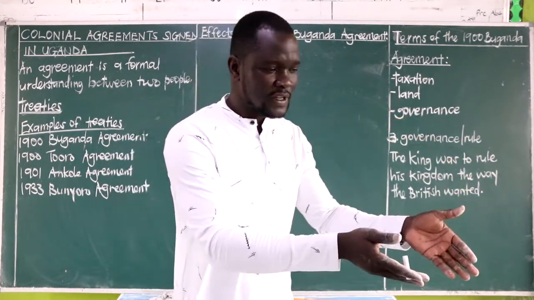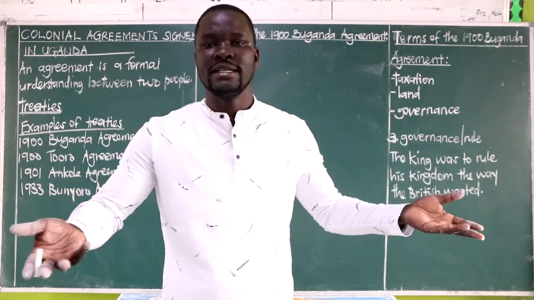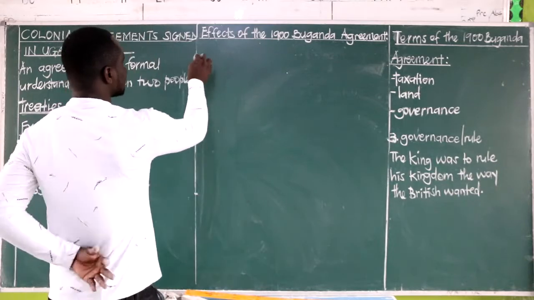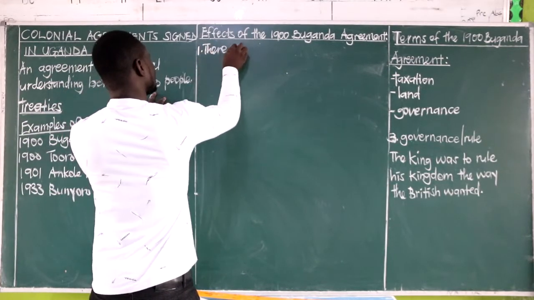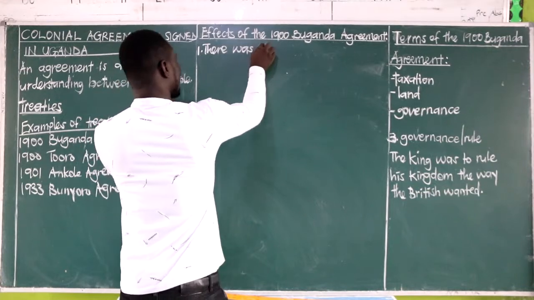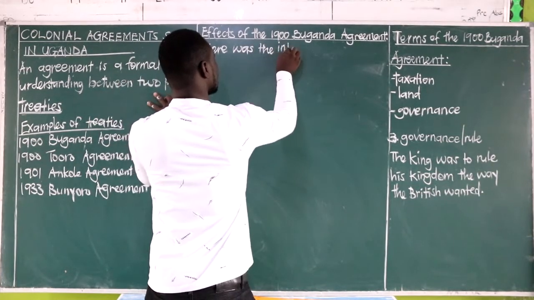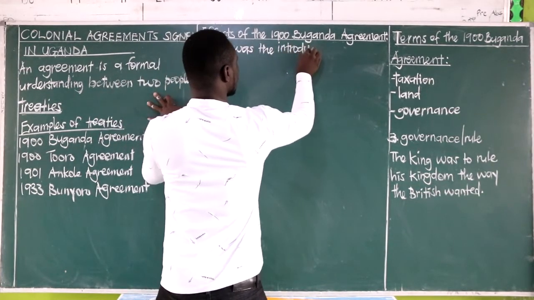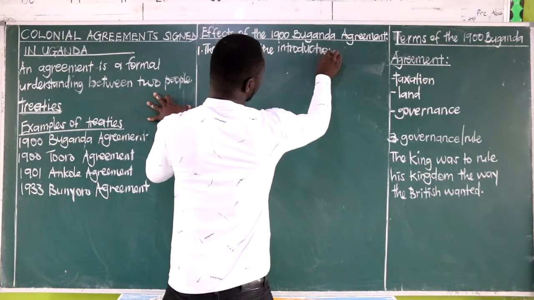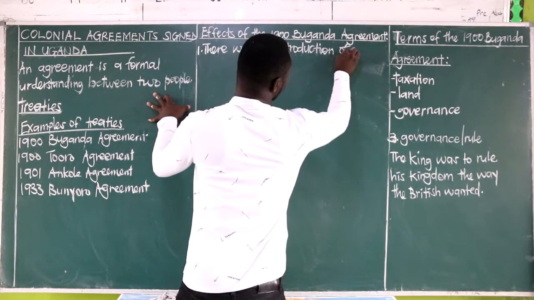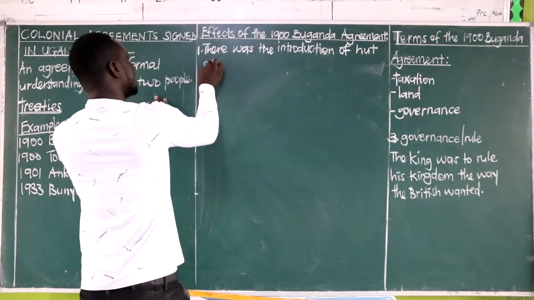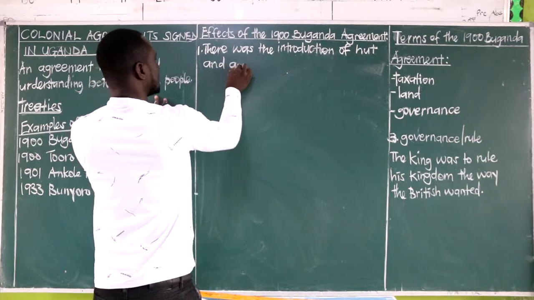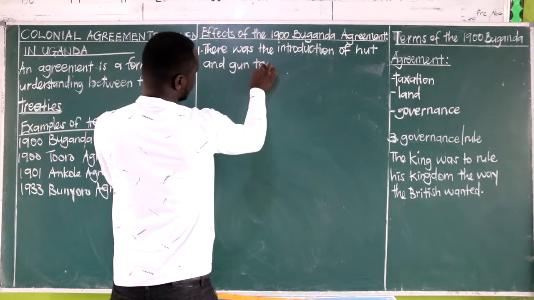Because of the signing of this agreement, what happened? So, the first effect was the introduction of hat and gun taxes.